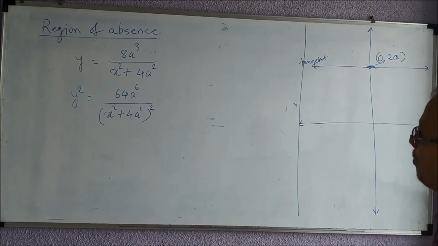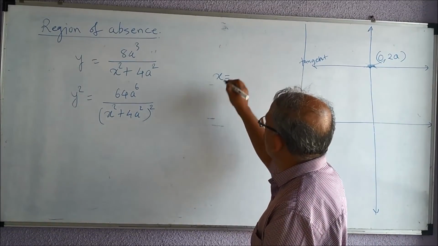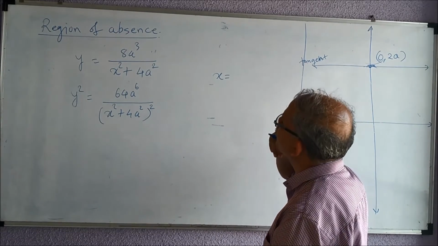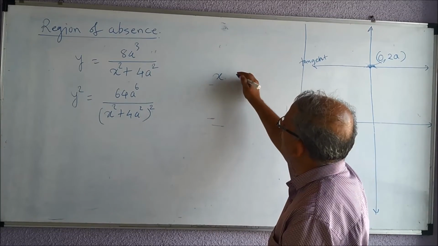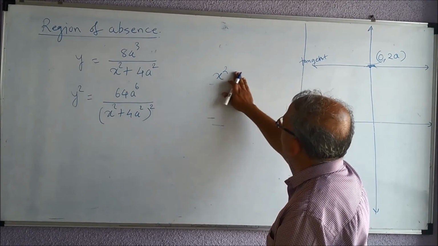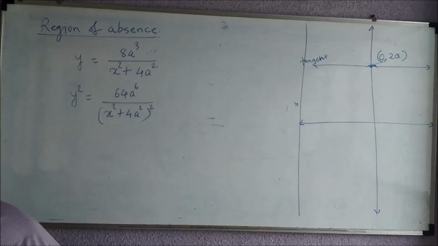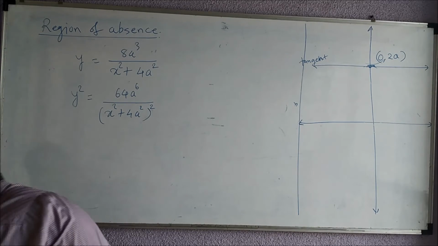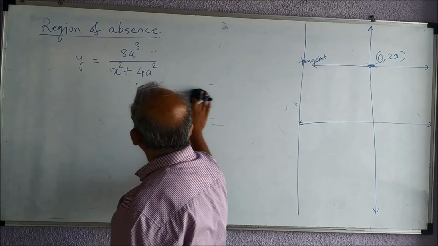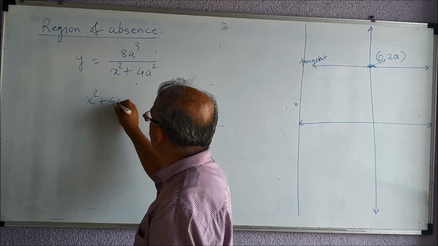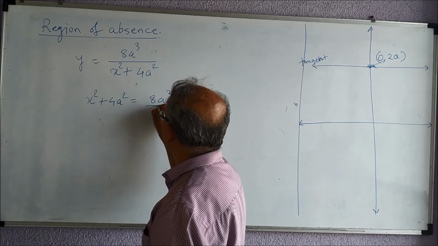Instead of doing it like this, here x square is ready, so let us shift that to this side. x square plus 4a square is equal to 8a cube by y.